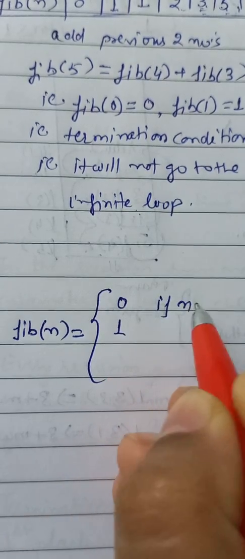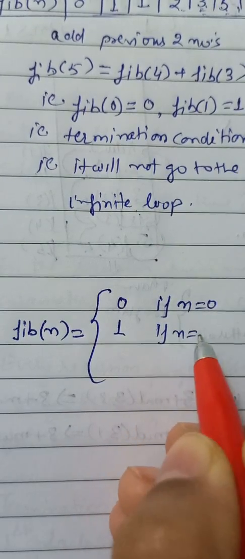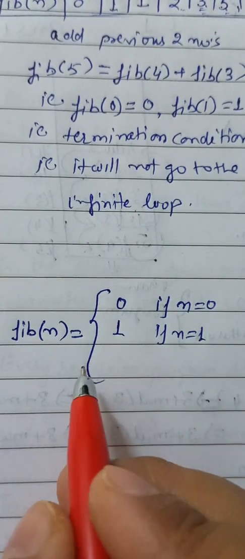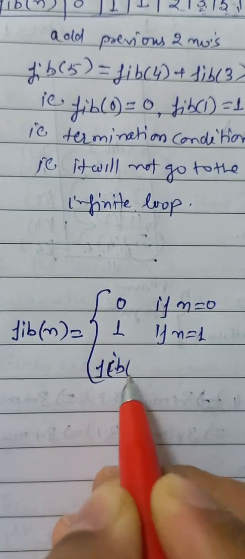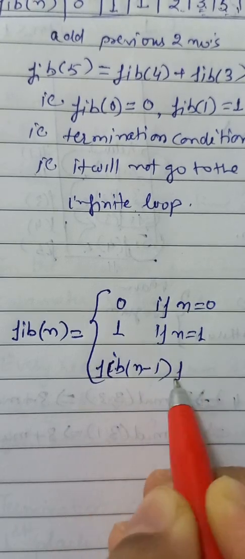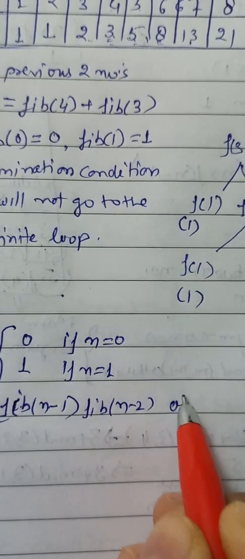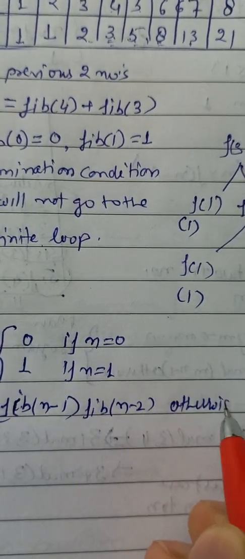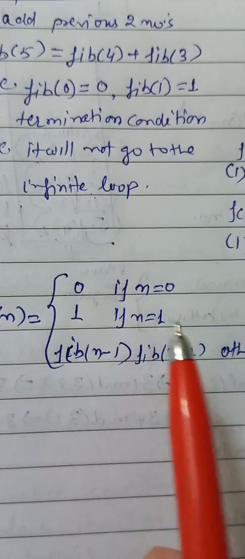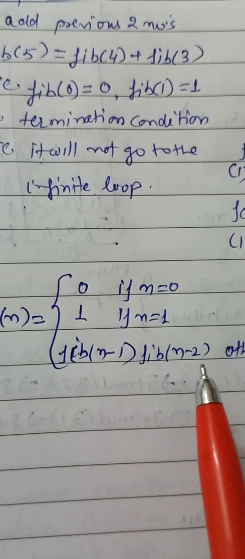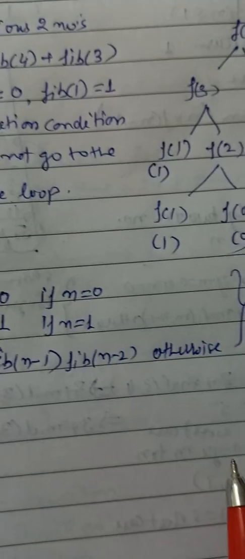If n is equal to 0, then the value will be 0, and if n is equal to 1, then the value will be 1. Otherwise the value will be Fibonacci n minus 1 plus Fibonacci n minus 2. N value 0, then 0; n value 1, then 1; otherwise Fibonacci n minus 1 plus Fibonacci n minus 2, the adding of two previous numbers.